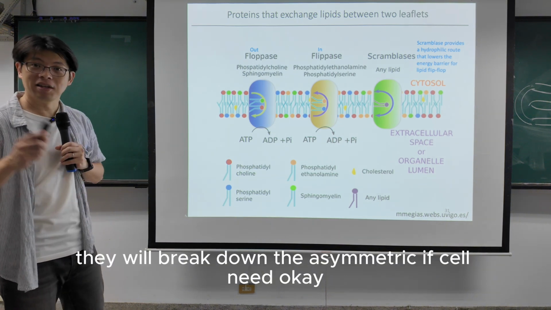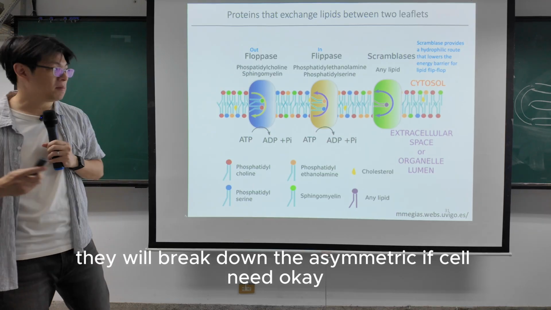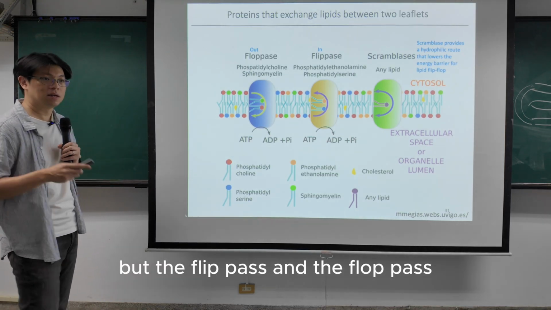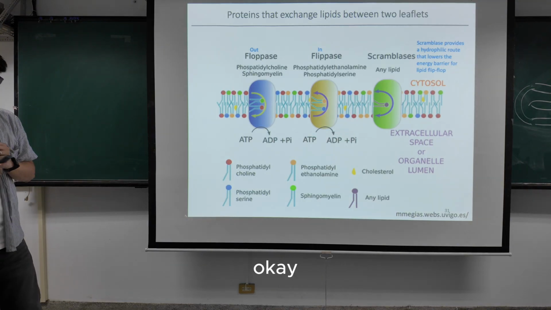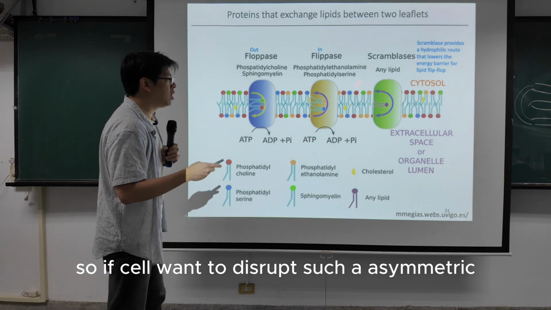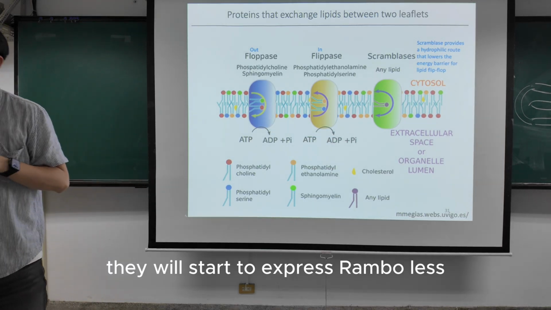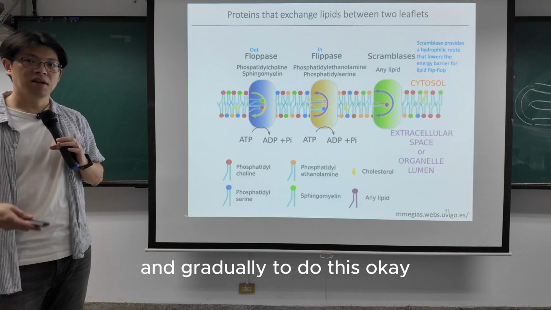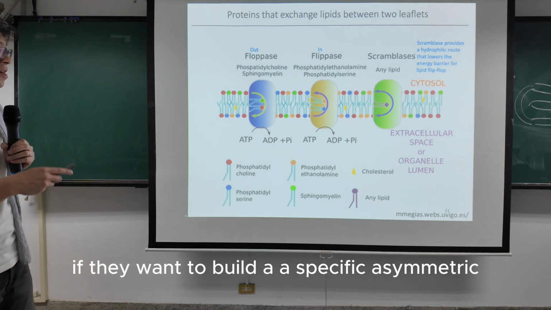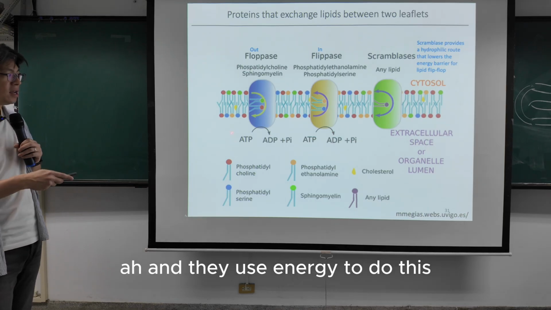So the scramblases will break down the asymmetry if the cell needs. But the flippases and floppases need energy to do the specific work. So if the cell wants to disrupt such asymmetry, it will start to express scramblases and gradually do this. If it wants to build a specific asymmetry, it will use flippases or floppases, and use energy to do this.